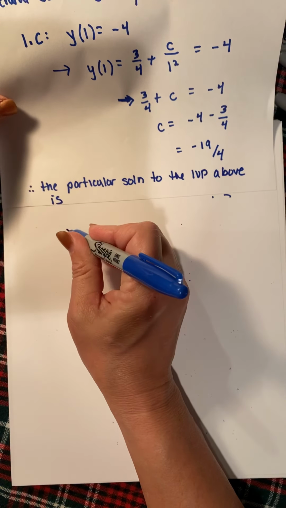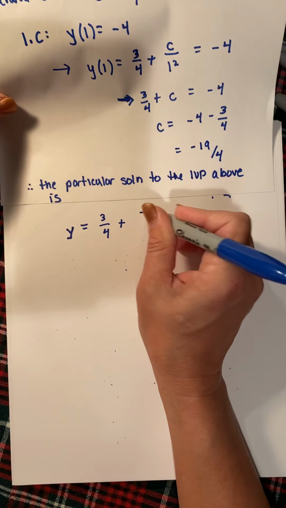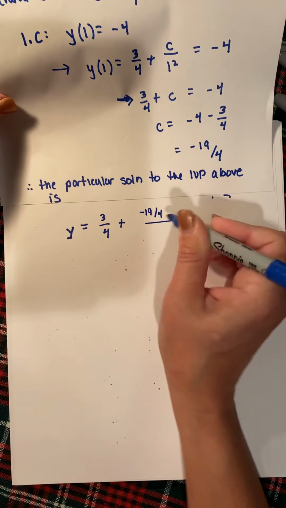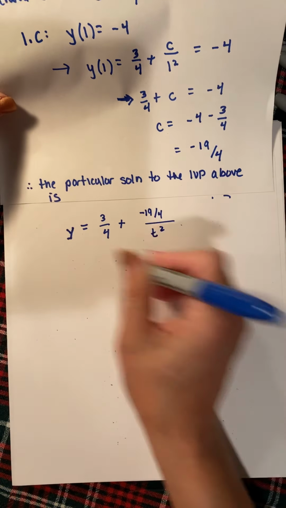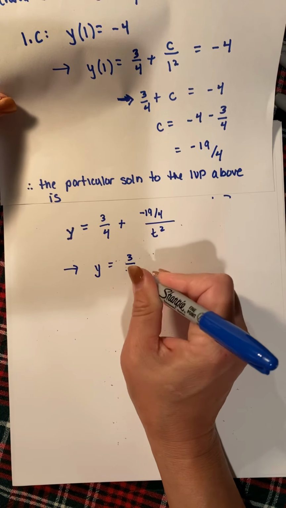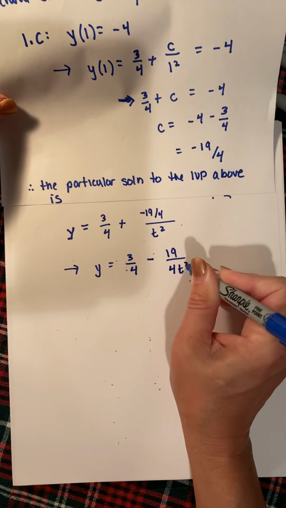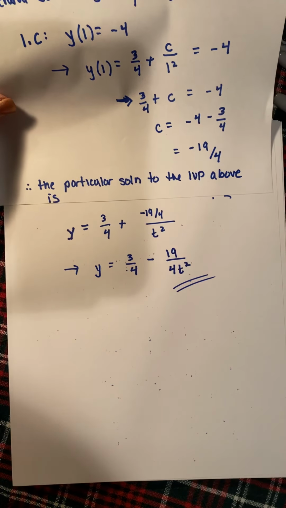Y is equal to 3/4 plus negative 19/4 all over t squared. But we would never leave it like this because we don't leave fractions in fractions. 3/4 minus 19 over 4t squared. There we go.